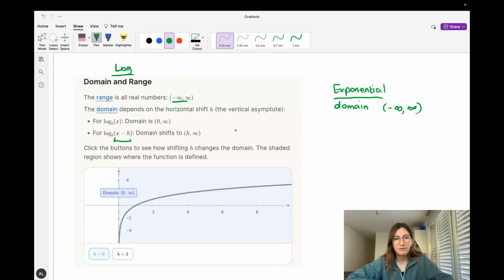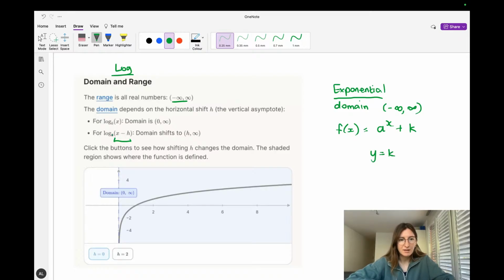So for our exponential function, wherever the asymptote was, that was our range limit. That was whatever number was added or subtracted. Let me just write that. x plus, let's say, k. So that became our y asymptote.